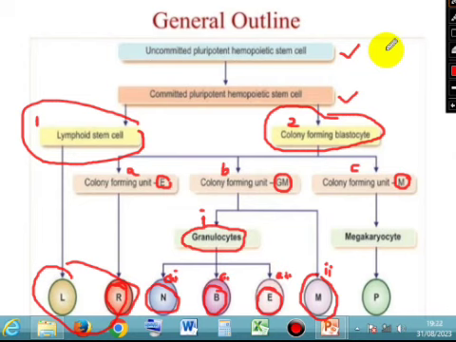The first one is neutrophil. The second one, we call this A2. The second one is what? Basophils. And then the third one, A3, is what? Eosinophils. Okay? E for eosinophils.